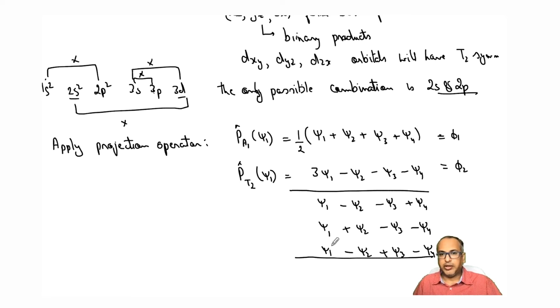If you take this summation, you will get this back. So now I can call these phi2, phi3 and phi4, and not this one.